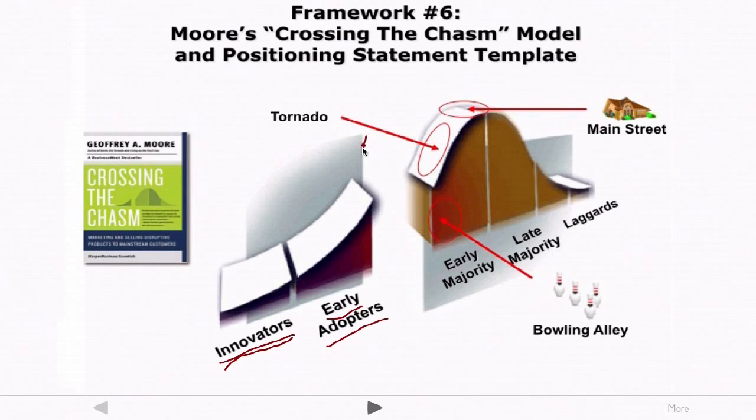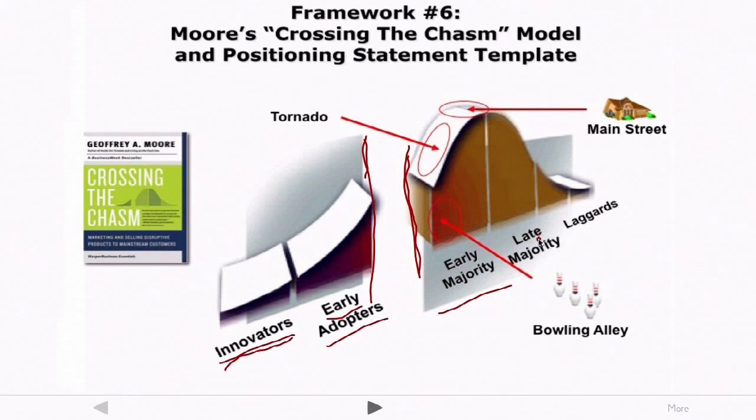And the difficult problem comes in moving from having a few early adopters using your product to having the early majority. So the early majority is a little bit more skeptical. They're not necessarily willing to waste time and money trying out just any new technology that comes along. They want to really see that this provides value to them. And so can you cross this chasm? Can you make this leap from the early adopters to people who are a bit more skeptical and only willing to try something if it really provides value to them?